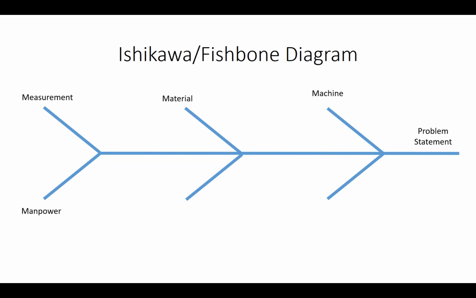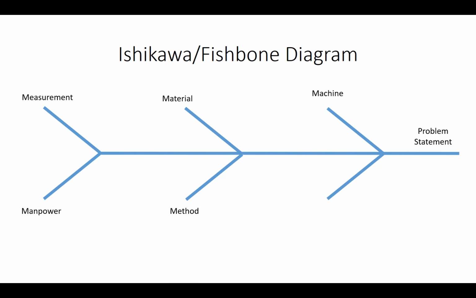Next one is manpower. However you want to define that one. This is our people. Okay, so how are we using our people? Do we have untrained people? Do we have the wrong people? Too few people? Too many people? Anything focused around operators? Any of that kind of stuff.